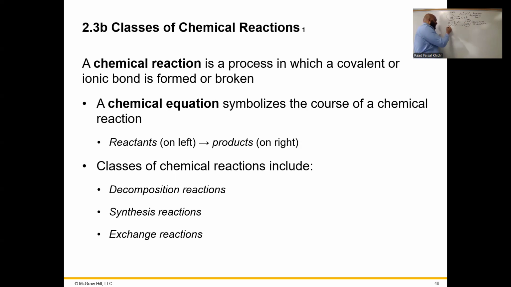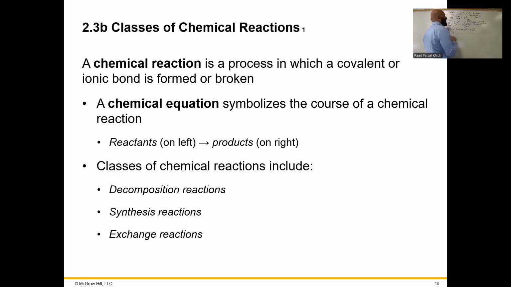Then we have a second type where you would have A and B together react with C and D, and the product would be, now A will no longer be with B, so you would have AC and BD.